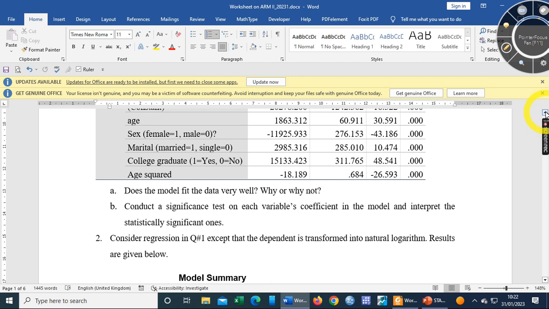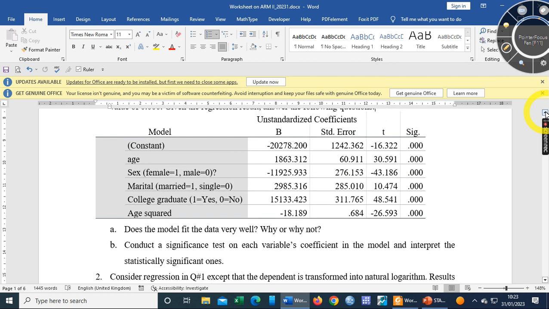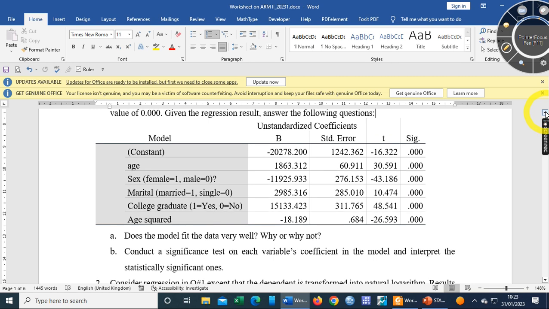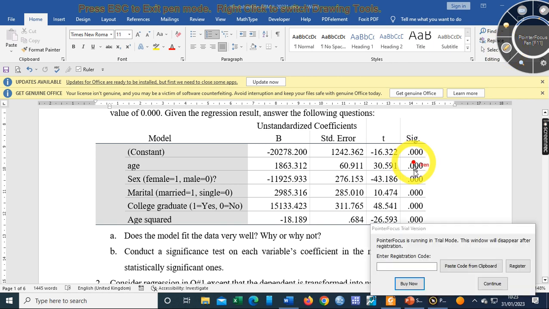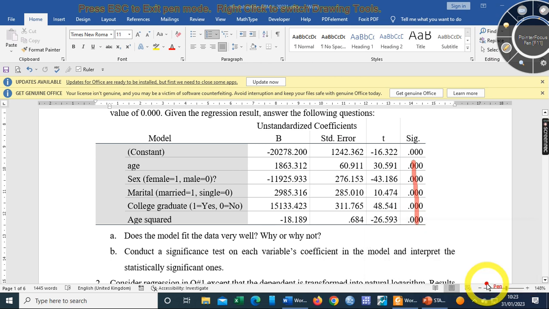Before interpreting the coefficients or parameters in the estimated regression model, what you need to do is to test whether the coefficients are statistically significant or not. As we are observing from our result, all coefficients are statistically significant because their respective p-values are less than 0.05.